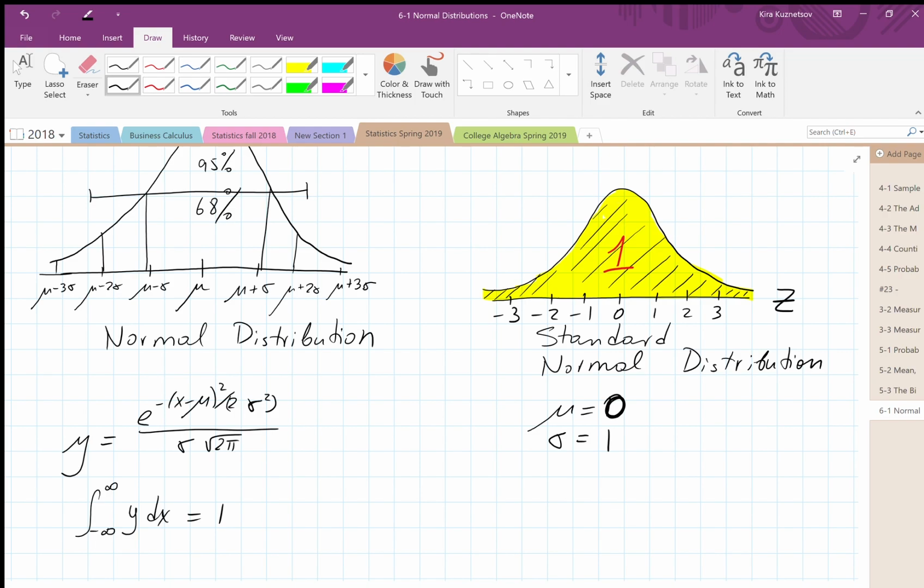So my next example is example 6-1, which is actually working with the standard normal curve. What we're looking for is the area under the standard normal distribution to the left of z is equal to 1.73.